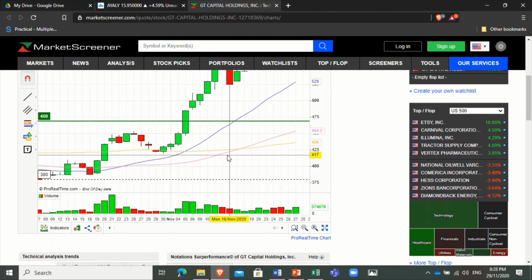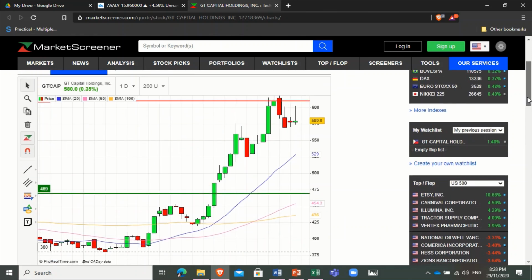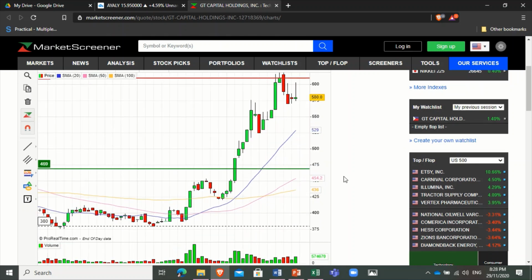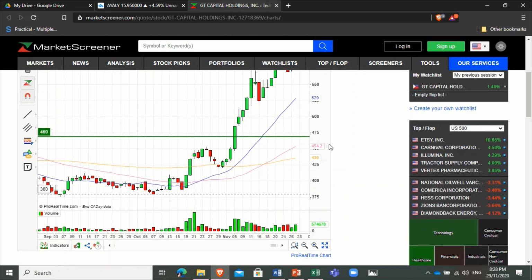So, pwede mo siyang i-zoom in per day or pwede mo siyang gawing monthly. You can see also, they have already provided yung support and resistance line nila. Even the trends are also here. Ayan, naka-indicate na lahat. Mas comprehensive itong Market Screener as compared kay TradingView.